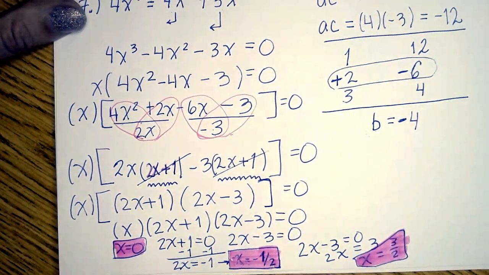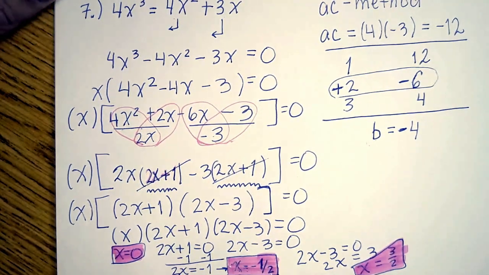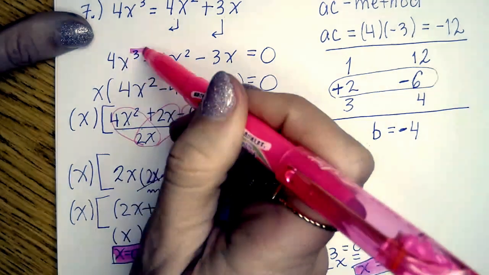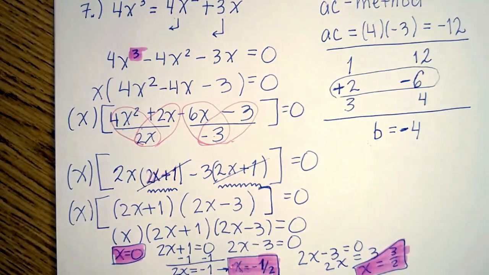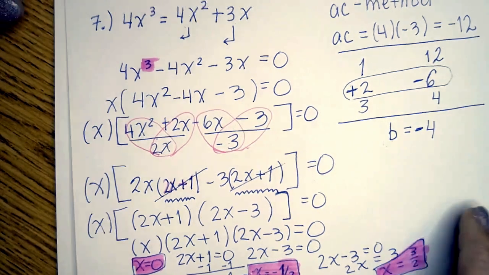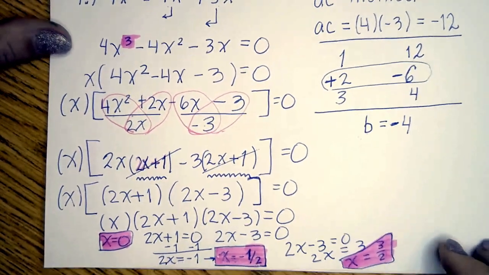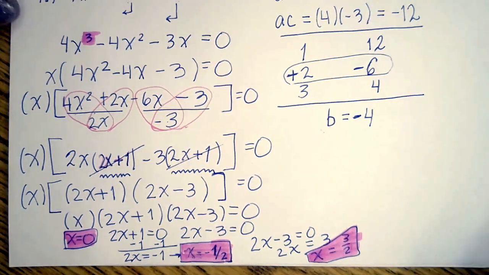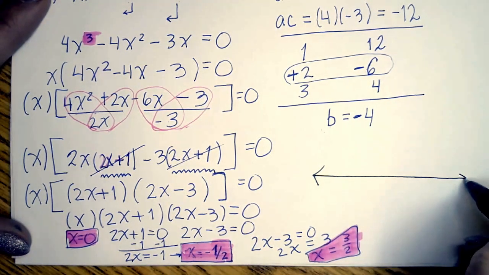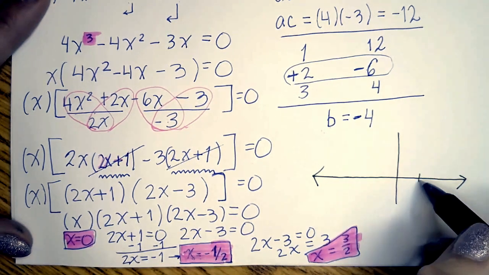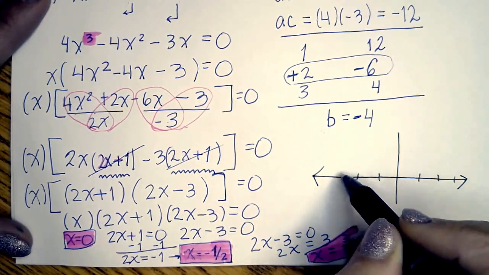Now we got 3 answers. What did I tell you guys to look at the beginning of the problem? Yeah, and what was the biggest power? And that looks good to me. Now, if I wanted to show you again, remember, I'm showing you the whole experience of graphing this, solving by graphing. So while some of you might be still copying, I'm just going to draw a little bit more graph. I'm going to go 3 tick marks this way, 3 tick marks this way.